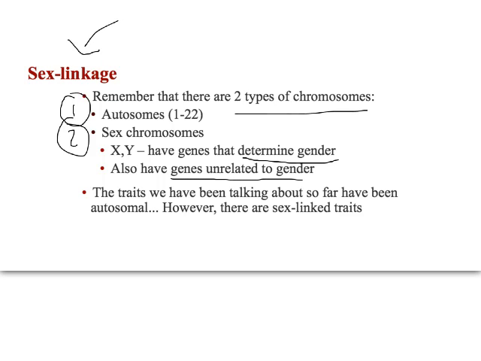So in the genetics unit so far, we've been talking about traits like eye color and hair color that are all autosomal. They're all on the autosomes. However, there are some genes that are on the sex chromosomes, and we call these genes sex-linked genes.